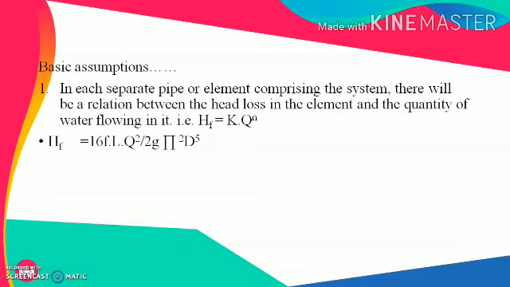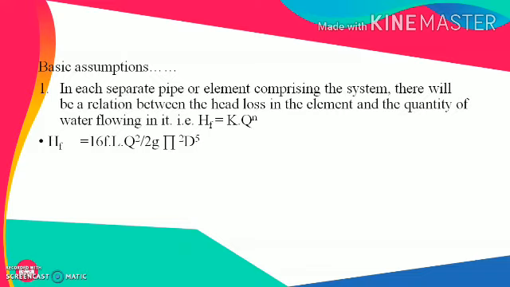So HF can be calculated as 16 FL Q² upon 2G pi square D raised to 5. The details of this equation we already learned in the last session.